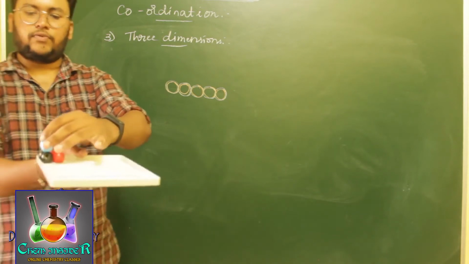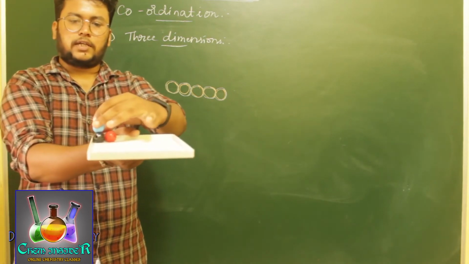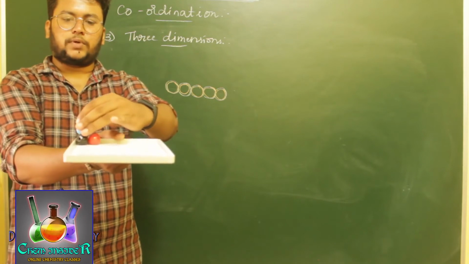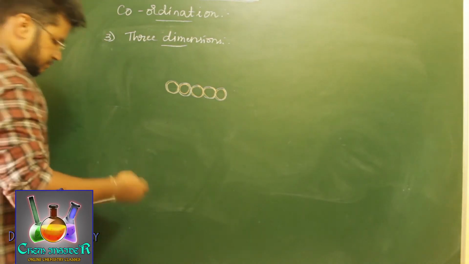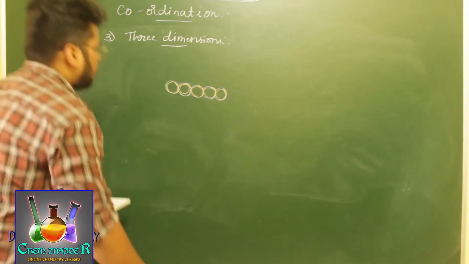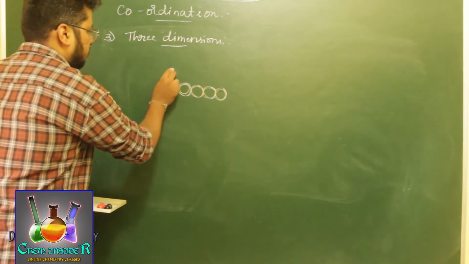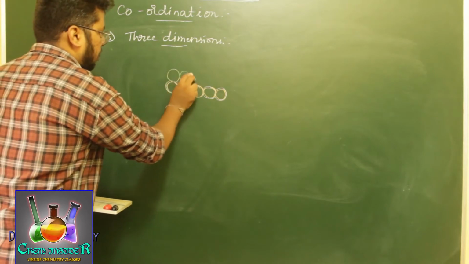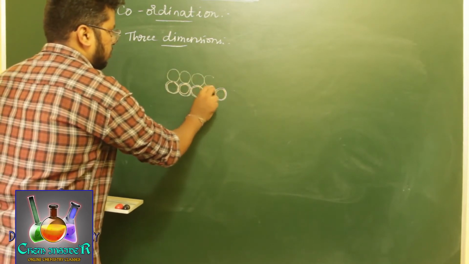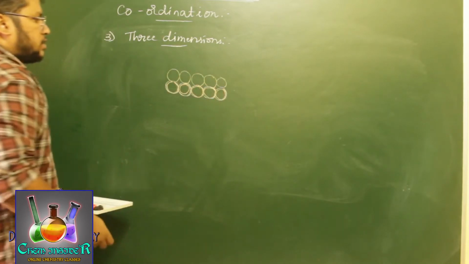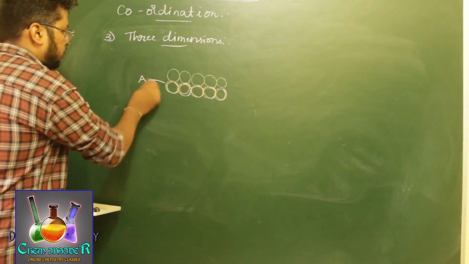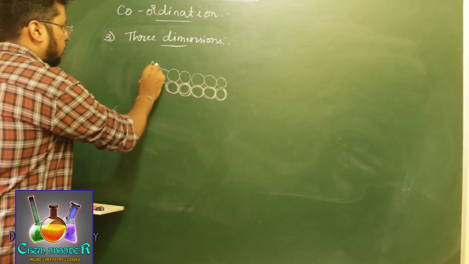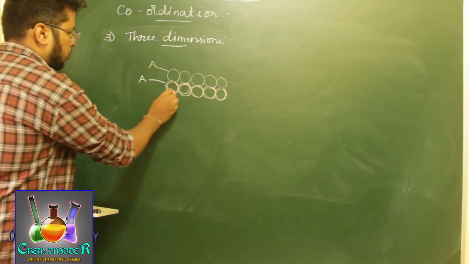So if you check over there, it will be arranged like this. Okay, placed one over the other, exactly on top of the other. Similarly we arranged for the AA type. Now for this we are going to keep one over like this. Okay, so this is our A, which is taken in white one, and we have one more on the yellow and one more on the orange color.